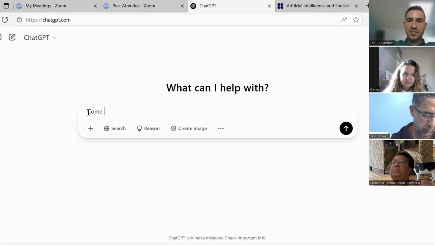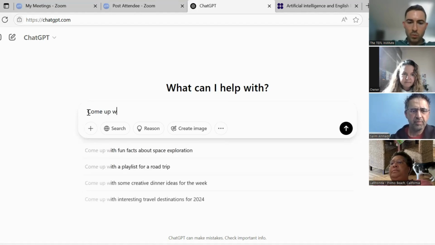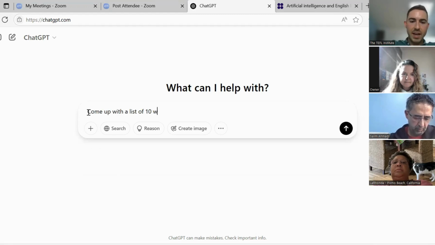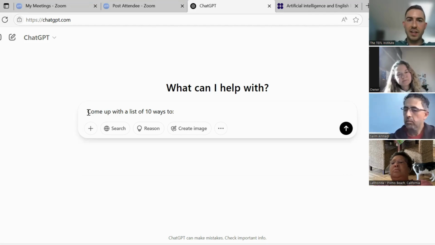You could also use it like this. Something I did recently was I created a big poster and I've hung it up in my classroom for myself more so. I did something like this: 10 ways to, and then I've listed the main things that I think are important for teachers.